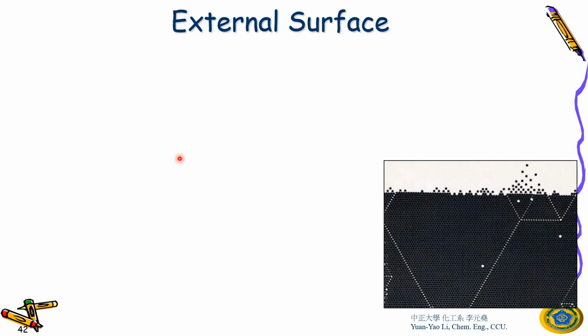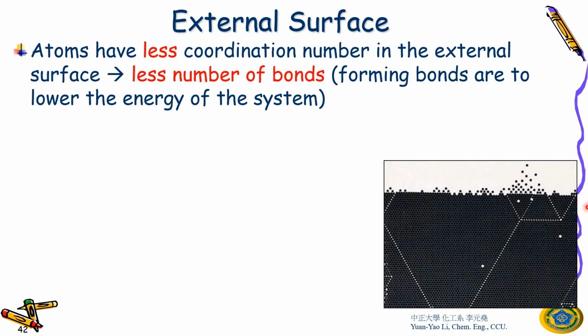External surfaces, the first one. External surface atoms have a lower coordination number, right? For example, here you have a coordination number of 4, but here you only have 3, so you have one direction missing to bond with other atoms. You might have 2 missing bonds. Fewer bonds means it's more active and not stable.